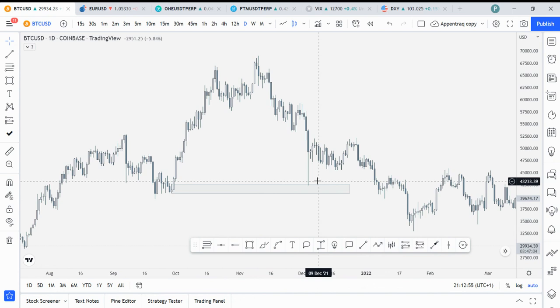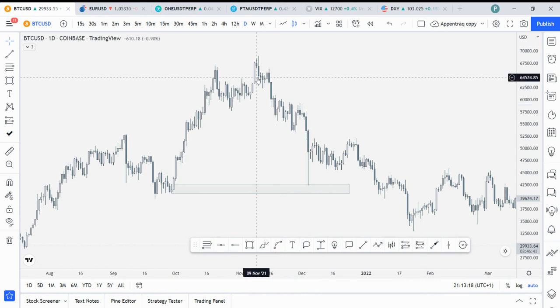It increases the probability of it holding, but it's important you know that trading is a game of probability. So there is no absolute. What you think is a high probability zone might end up not holding, and what you think is a low probability zone might end up holding. So that's just the reality of it.